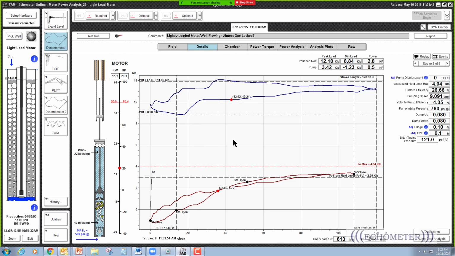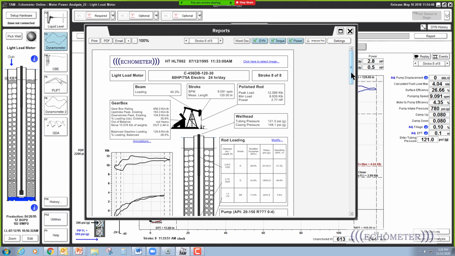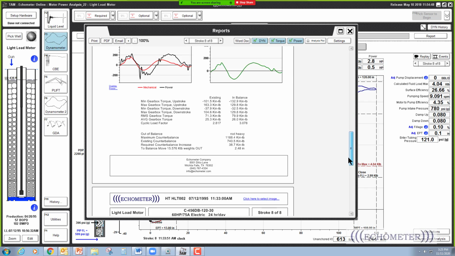The operator says we're not producing any fluid because this is all gas compression on this stroke. But if we go look at the power use plot, let me go into the report, and let's go down to the very last page here.